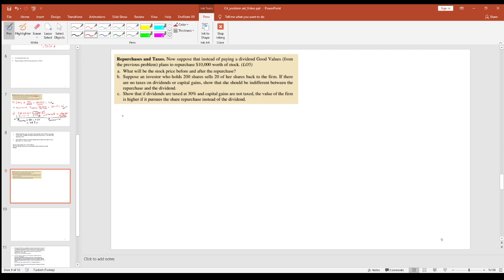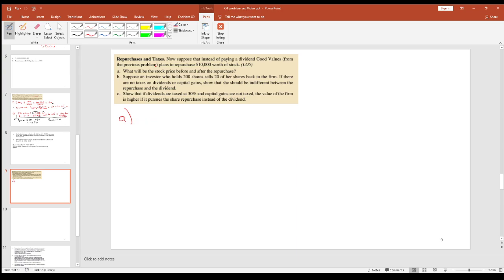So A, what will be the stock price before and after repurchase? We learned that in the first problem, we said that repurchases do not affect the price. So let's see how this takes place.